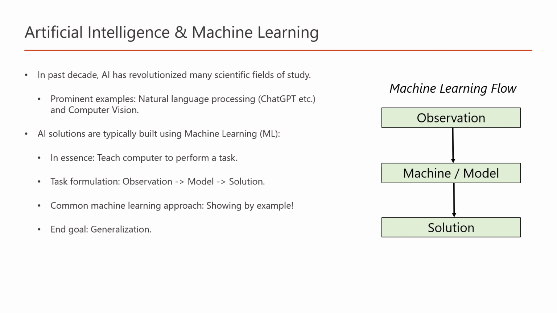And the end goal of this is not that it performs well on the data that you presented, called the training data, but that it will generalize well. There are many different techniques focusing on this crucial part that is a little bit elusive as well. But that's the main thing we want to get out of it. We want it to perform well on new data that was not seen before.